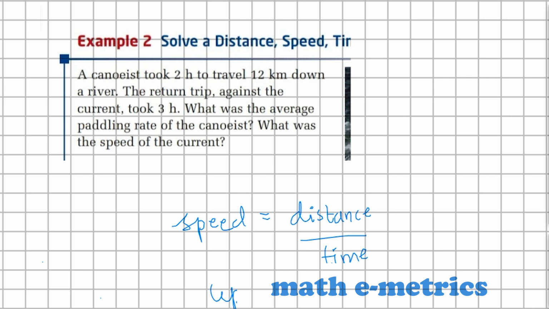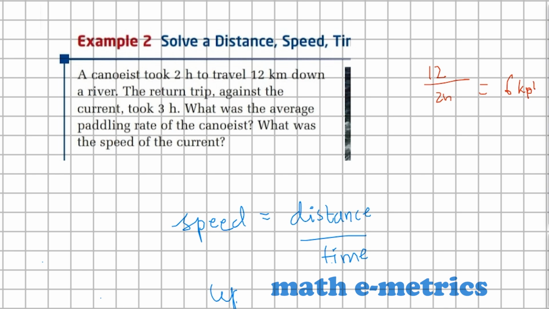So the canoeists took 2 hours to travel 12 kilometers. So we can find how fast he was paddling using that. The distance is 12, it took him 2 hours, so he was traveling at a rate of 6 kilometers per hour.